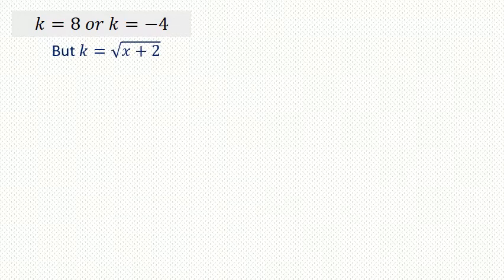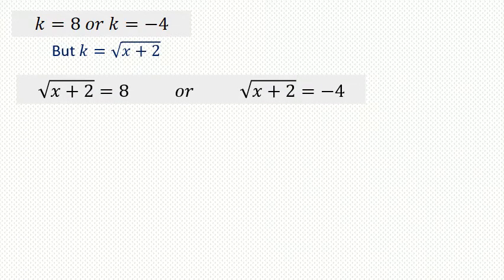Instead of having k equals 8, we write the square root of x plus 2 equals 8, or instead of having k equals -4, we replace our k with the square root of x plus 2. Now we're very close to the end.